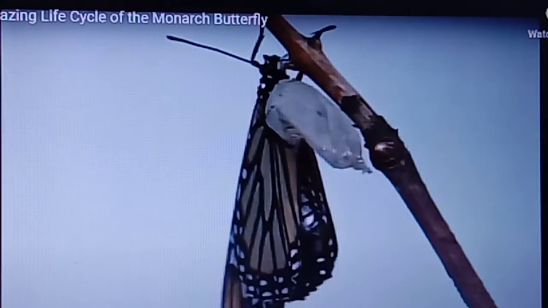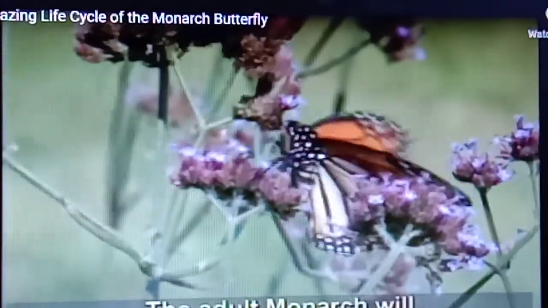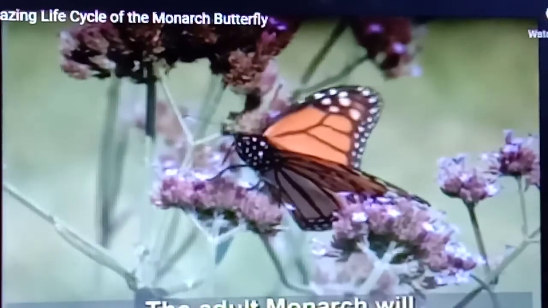This larva or caterpillar molts several times and produces silk thread around it and changes into a pupa or chrysalis. Inside the chrysalis, several changes take place. Finally, a beautiful and colorful adult butterfly emerges from the chrysalis.